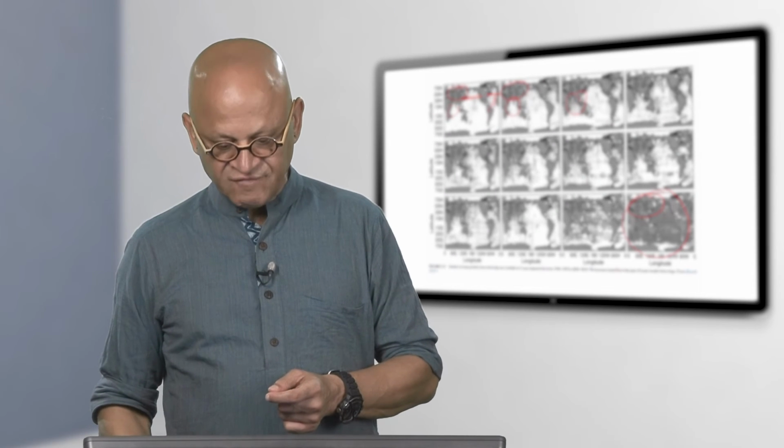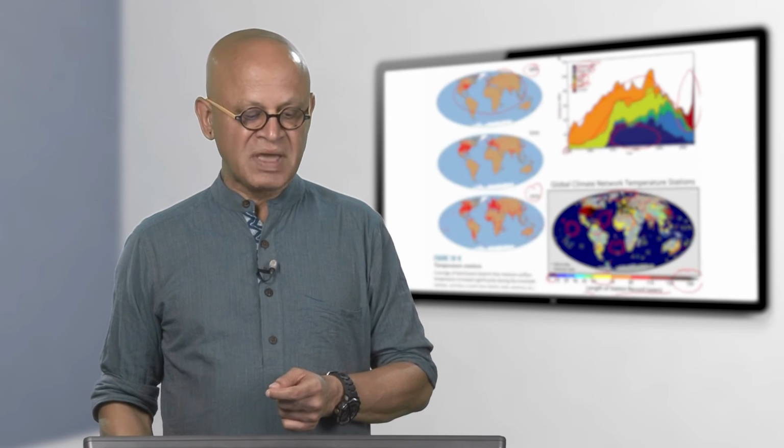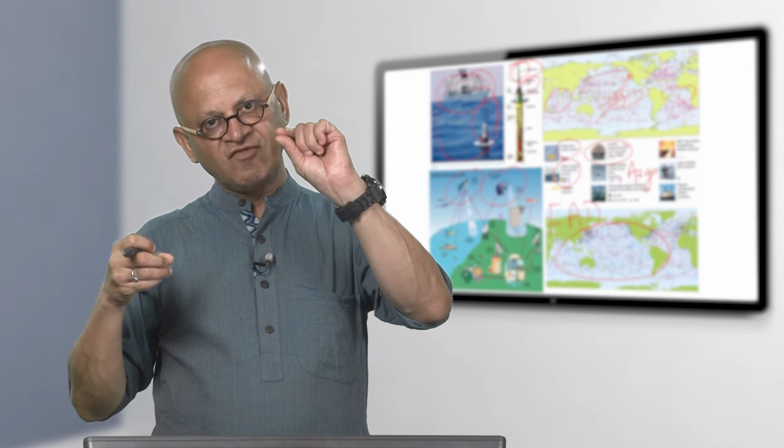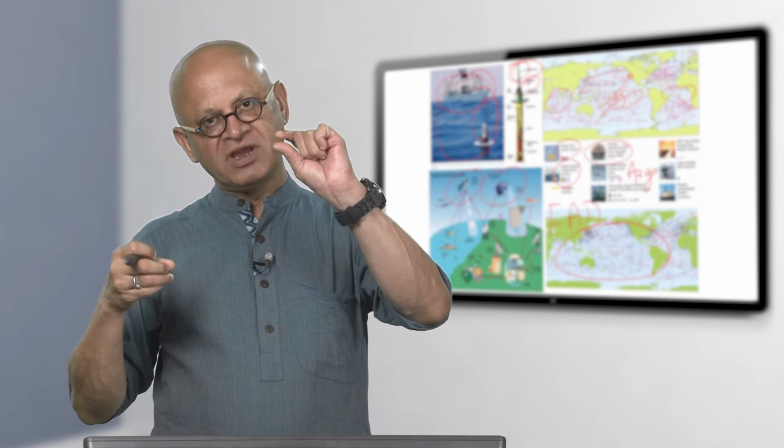This is worth re-emphasizing. Why do we need profiles? Remember that satellites can look at the surface only. Anything that the satellite is looking at, whether it's radiation coming from the surface or the laser it is sending down and measuring the return, can only penetrate a few centimeters to a few meters.